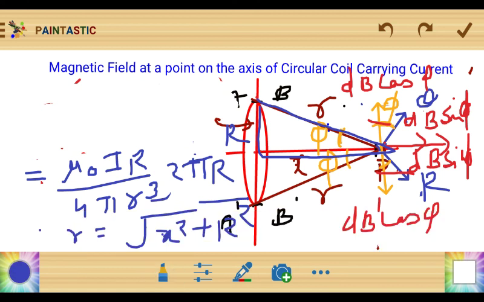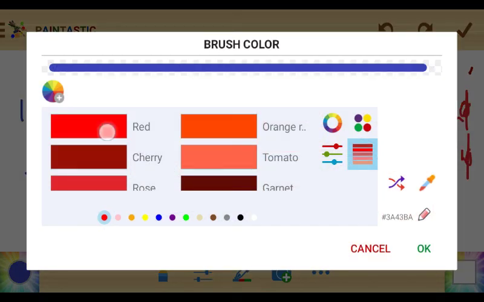So now, simply, the final solution for the magnetic field.